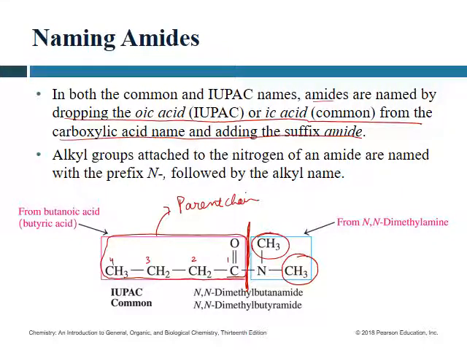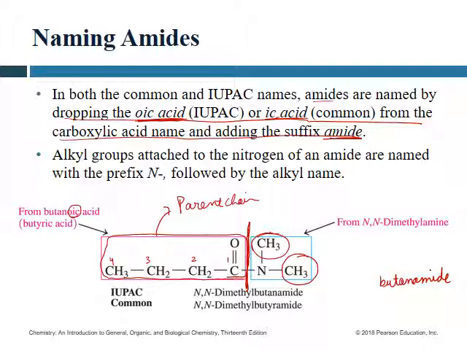Four carbons is called butanoic acid. Instead of oic acid, we call it butanamide because it's an amide. So you replace the oic acid or ic acid with amide. This is butanamide, first thing.